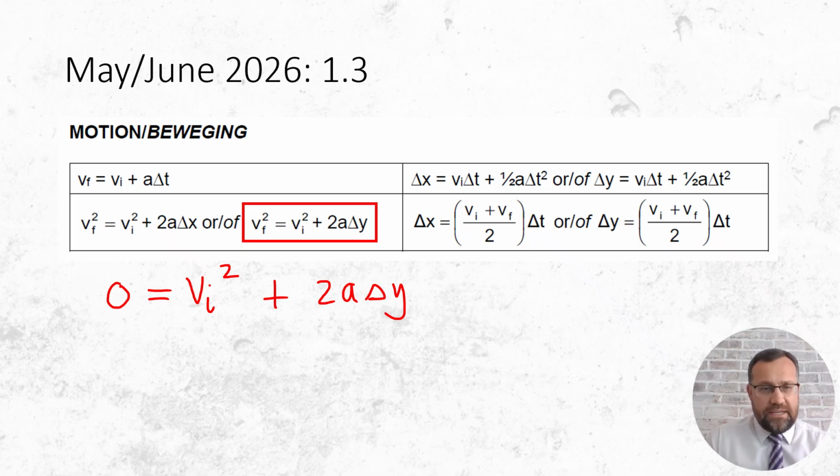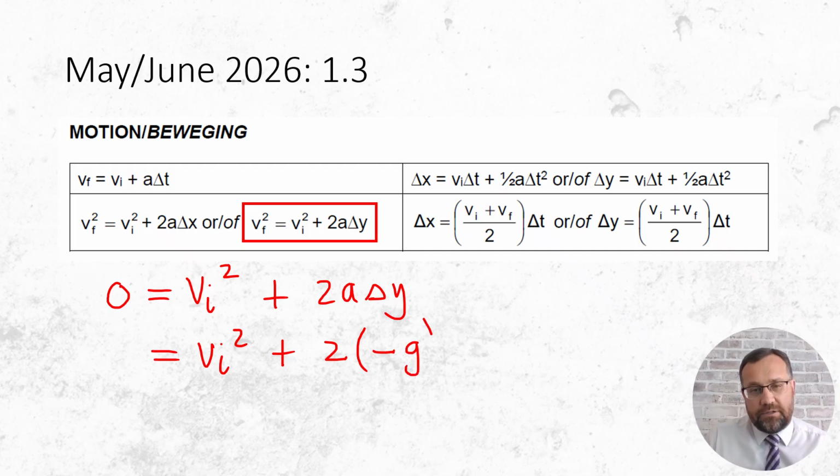Then we will see that vi squared remains positive, so this will be equal to vi squared plus 2 times a constant. Gravity acts downwards, so this will be negative g, and the maximum height is also upwards, let's call that h max.